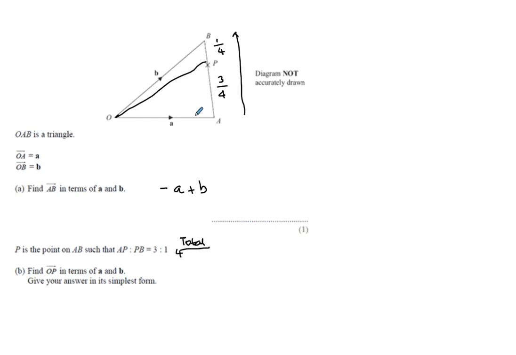So OP would be A, and then we're going to take 3/4 of that. So then you're going minus 3/4 of 1A. It's just minus 3/4 A plus 3/4 B. Again, just put a 1 there. So collecting like terms, you've got 1 minus 3/4 is 1/4 A plus 3/4 B. And remember, you need to factorize.